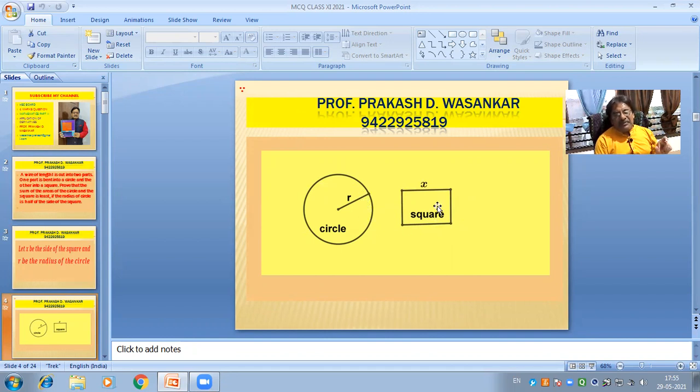For the perimeter of the square, we know that the four sides of the square are equal. Suppose this side is x, therefore this is also x, this is also x, this is also x. Therefore the perimeter is 4x. Therefore the length of the wire is equal to 2 pi r plus 4x. That equation is L is equal to 2 pi r plus 4x.